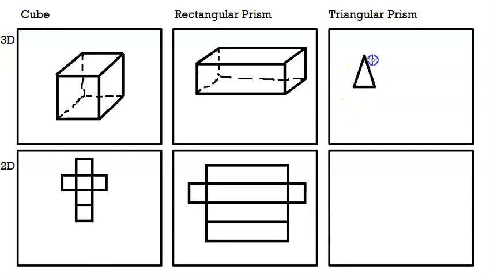So let's move on to a triangular prism, which I'm going to draw similarly to the rectangular prism, where we're going to have that longer front face. And then again, it's going to be a triangle on the left and a triangle on the right. Now, in this particular case, you can't actually see that second triangle.